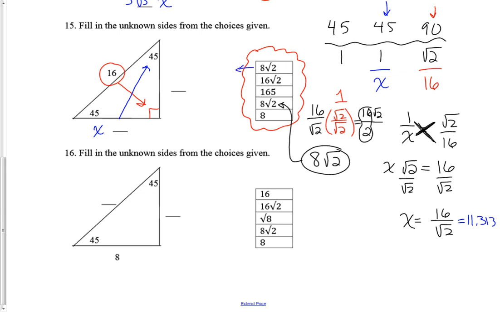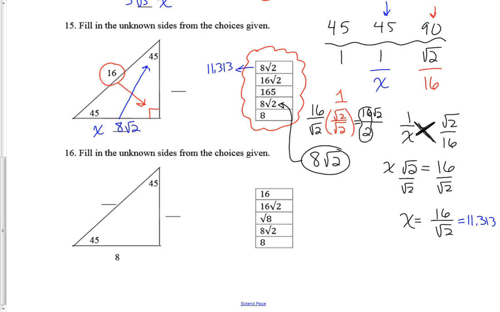This answer, 8 times the square root of 2, is actually the same. It's 11.313. Now, I could calculate all the other values, but this is the one that I'm looking for. So without rationalizing the denominator, I now know that x is 8 times the square root 2.